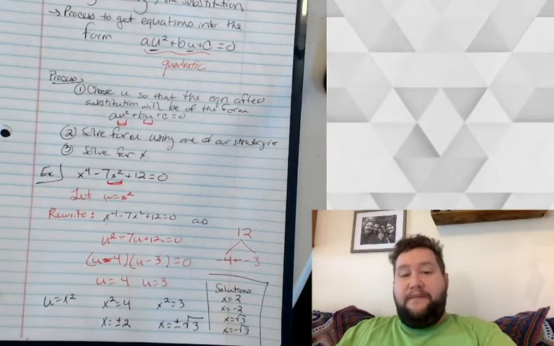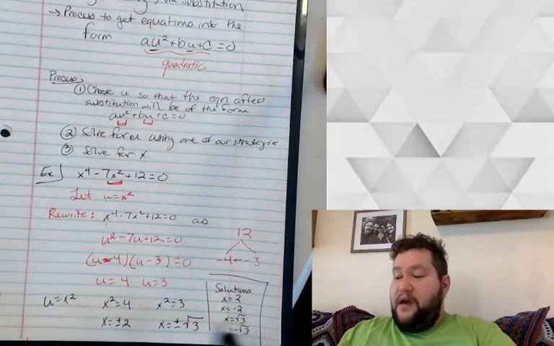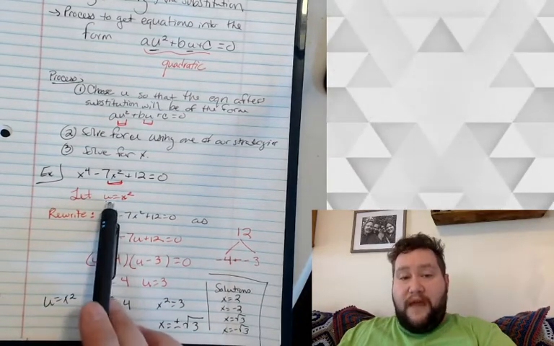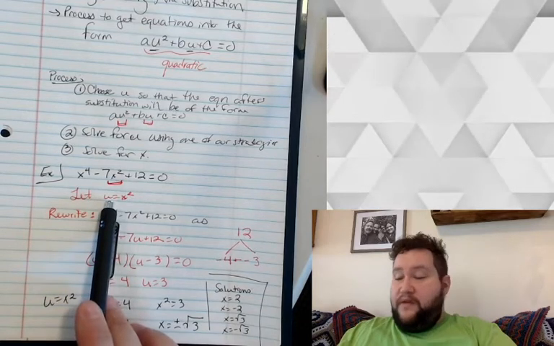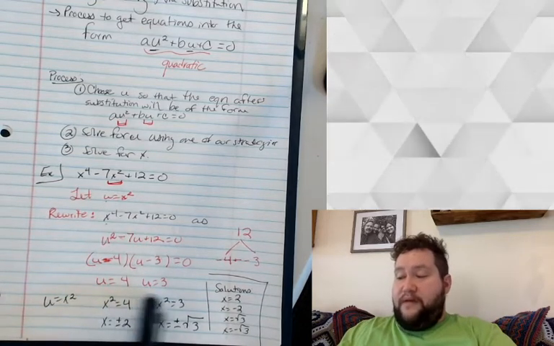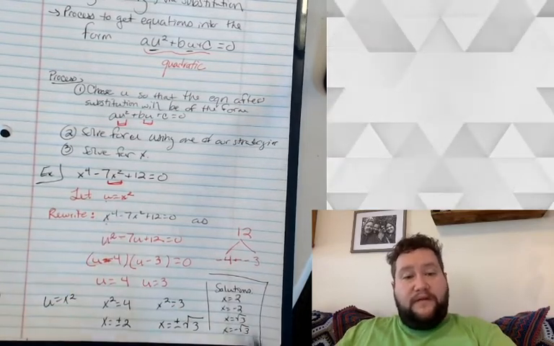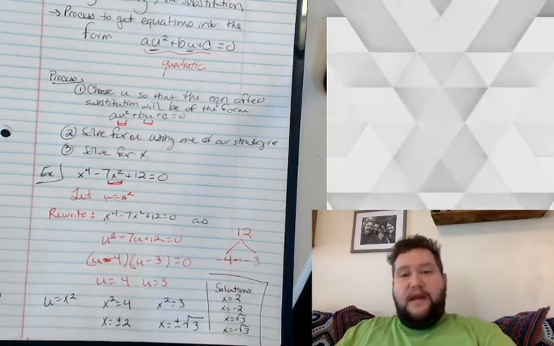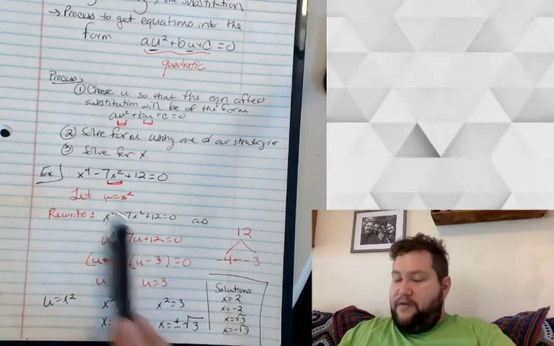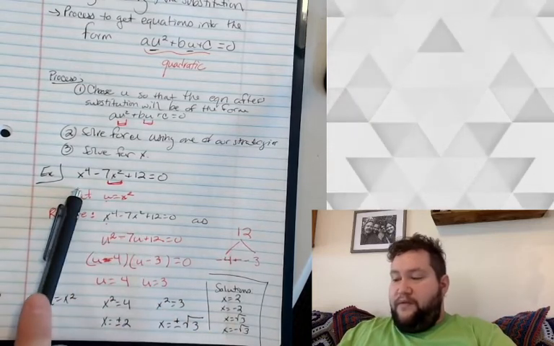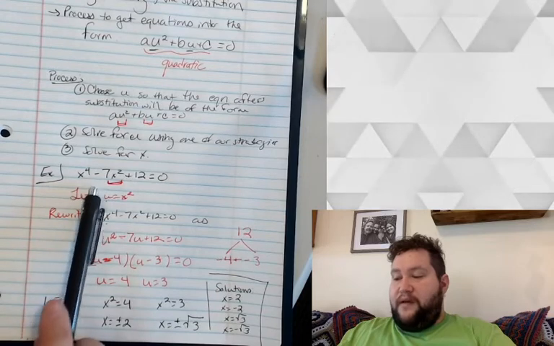And that became the case because our u was x squared. And so since u could be one of these two values, x can be any one of these 4 to still give us a true solution. Again, you can take this, plug it into your original. 2 to the 4th minus 7 times 2 squared.